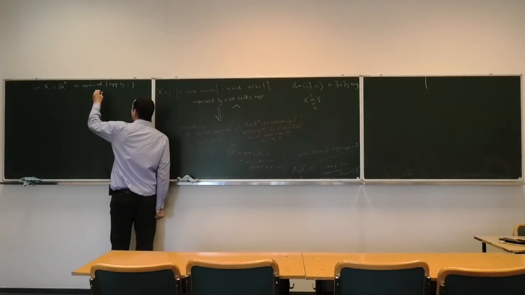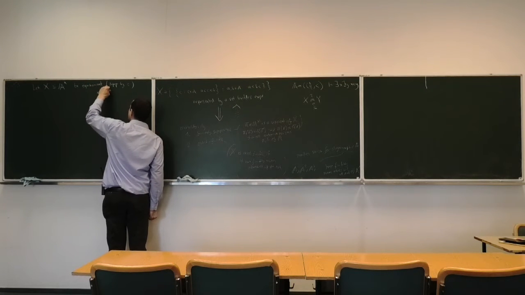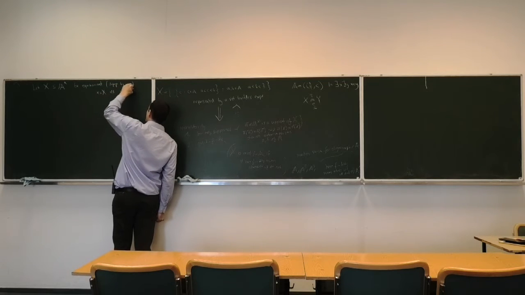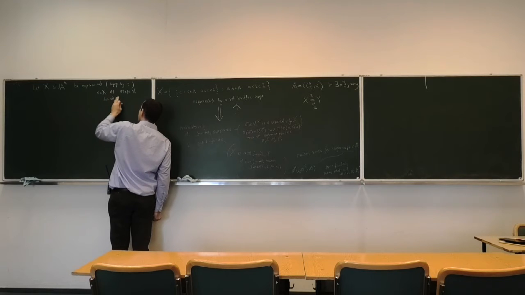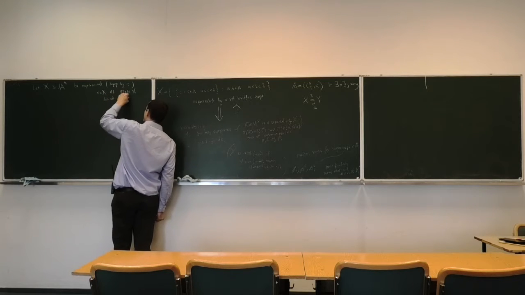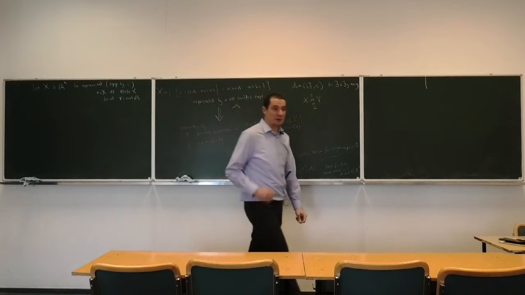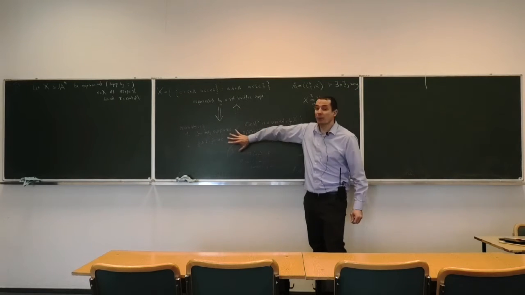So x belongs to big X if and only if pi of x belongs to big X, for all automorphisms. So it's invariant with respect to automorphisms of the structure. Okay? So this is a special case of the bottom-up assumptions.